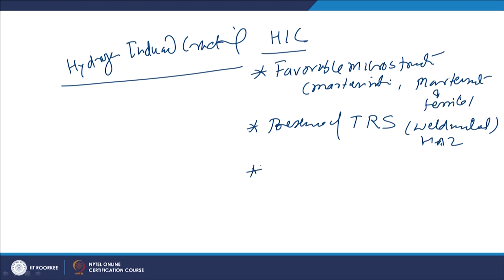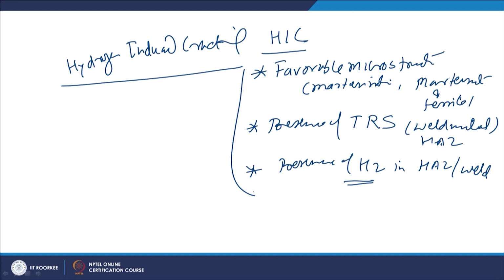The third important aspect is the presence of hydrogen content in the HAZ or in the weld metal. So, these are the three factors that need to be there for the occurrence of hydrogen induced cracking.